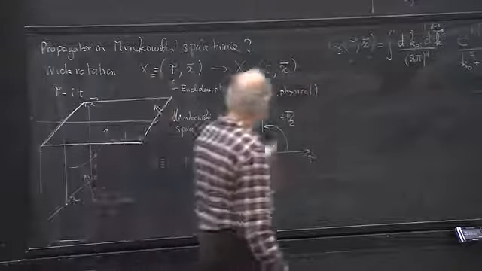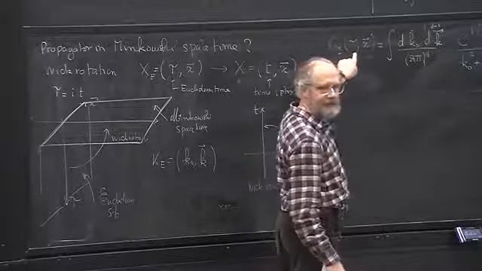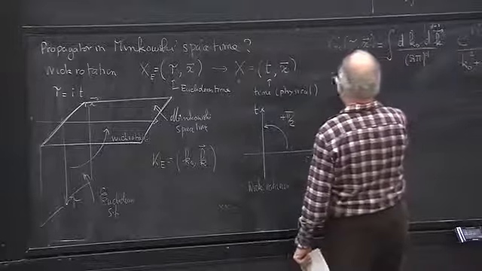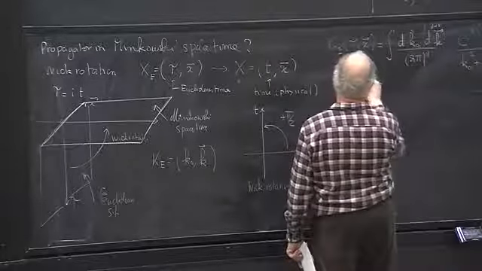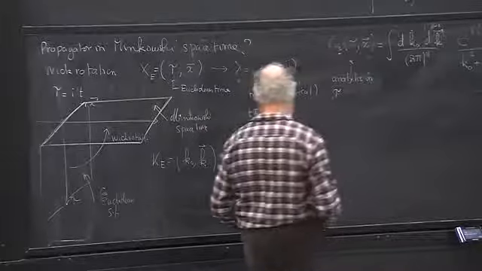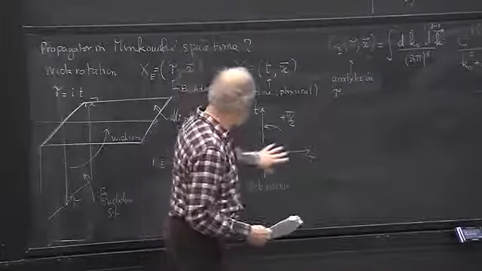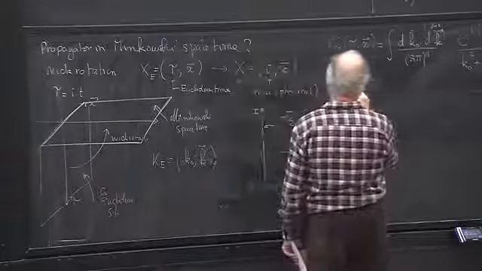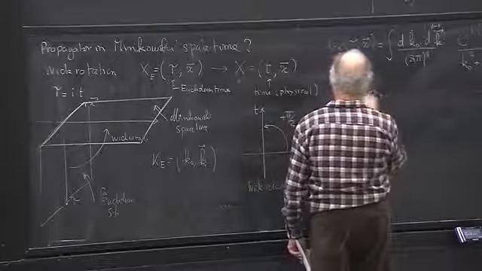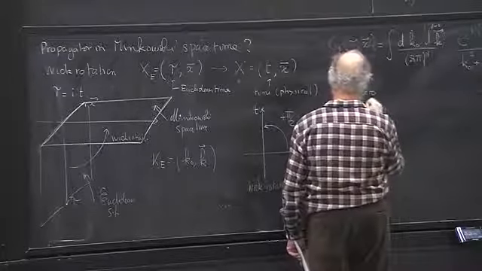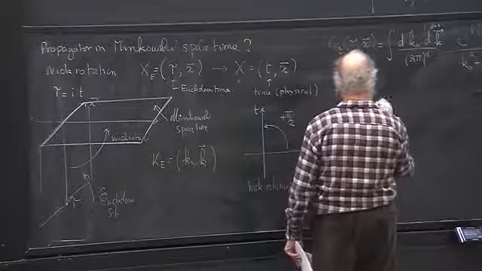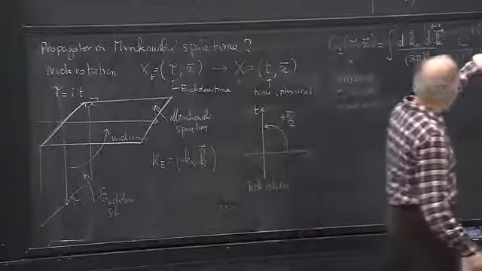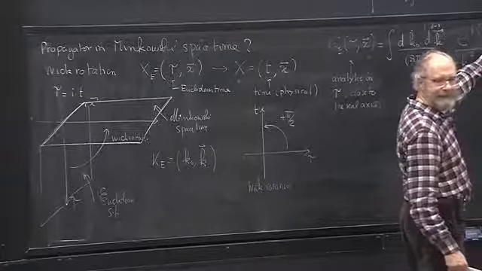I want to make this change of variable and see what happens to this function. You can see easily that it is analytic in tau, at least close to the real axis. So of course I can make this change of variable, changing tau into I t.